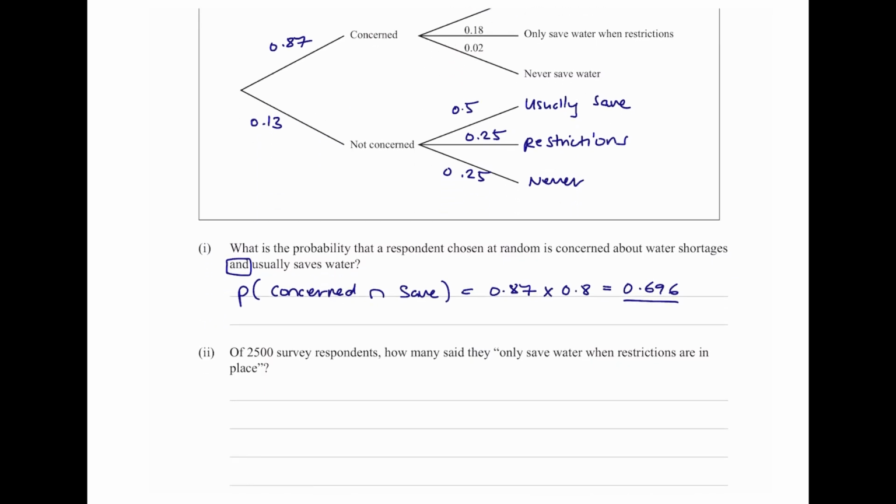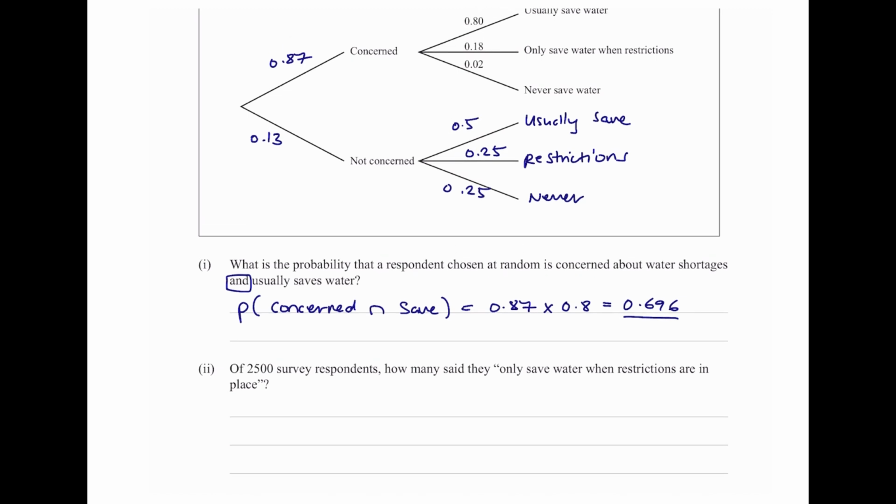Part 2, of 2,500 respondents, how many say we only save water when restrictions are in place? So what's the probability that we save when there are restrictions? Note that this is not an intersection.